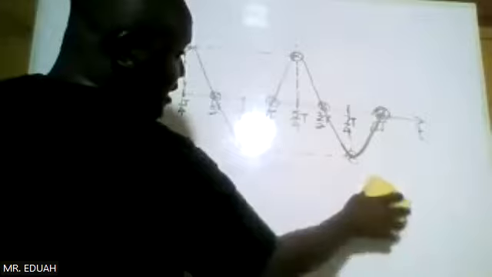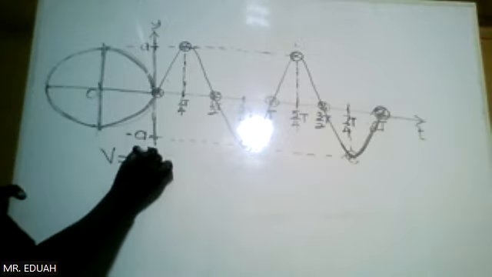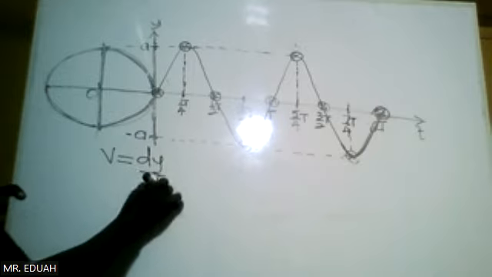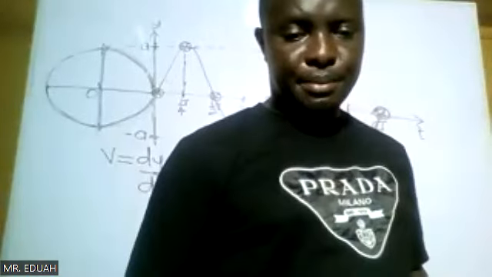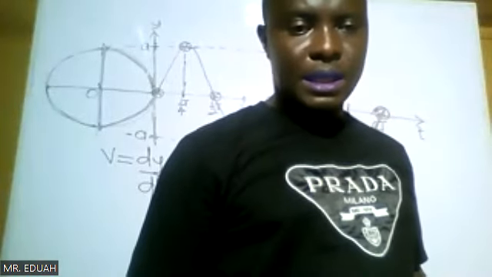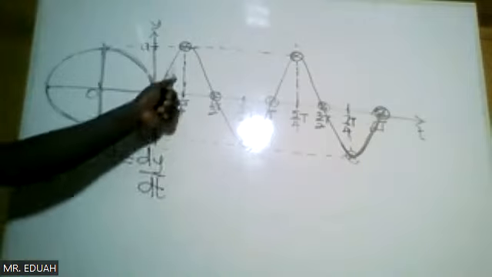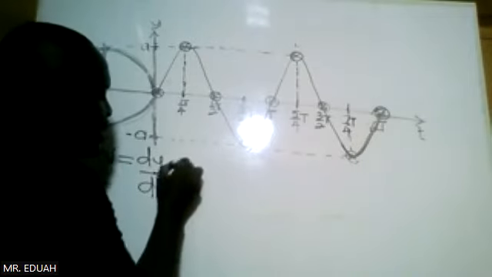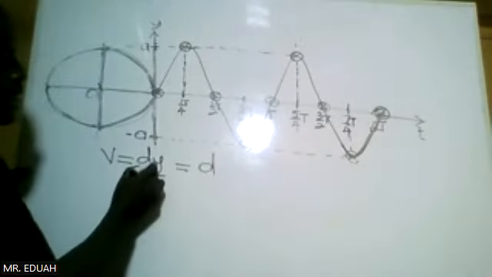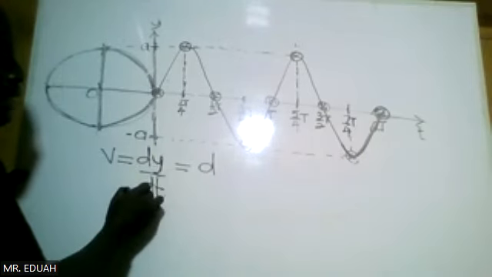So you draw 5 cycles for me. Now, because velocity is equal to dy/dt, the rate of change of displacement with time, if we want the velocity function of this body, it means we need to differentiate the displacement y with time.